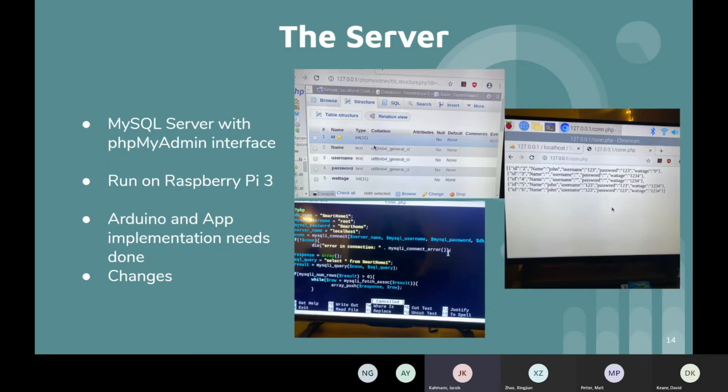The picture below that is an example of our PHP script that is used to connect to the database. On the right-hand side is the output that resulted from running that PHP script. So first, we know that it is able to connect to the server by being able to see the data that is in the actual database on the MySQL server.